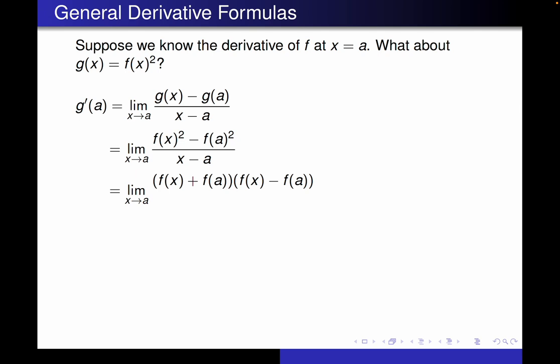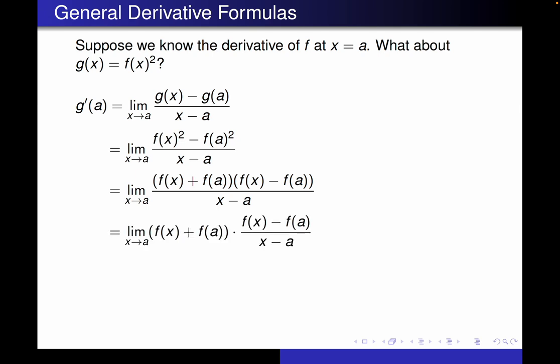So if we want, we can factor it. And notice there's my f of x minus f of a. That's the numerator of my derivative definition. And on the bottom, we have x minus a, which is the other part of my derivative definition. So if we separate out that f of x minus f of a over x minus a from the f of x plus f of a, like so, then we have two things multiplied together.